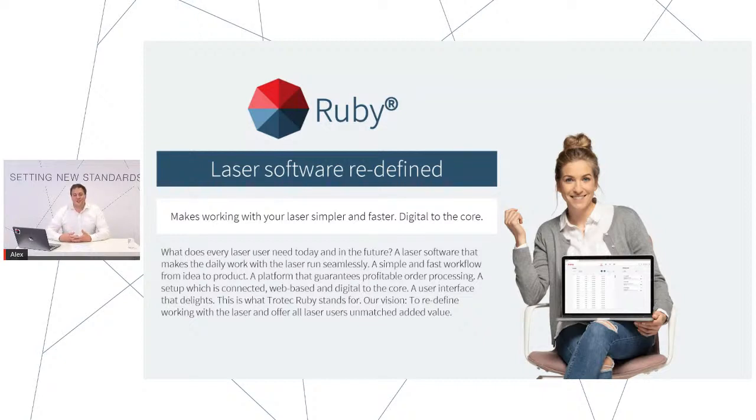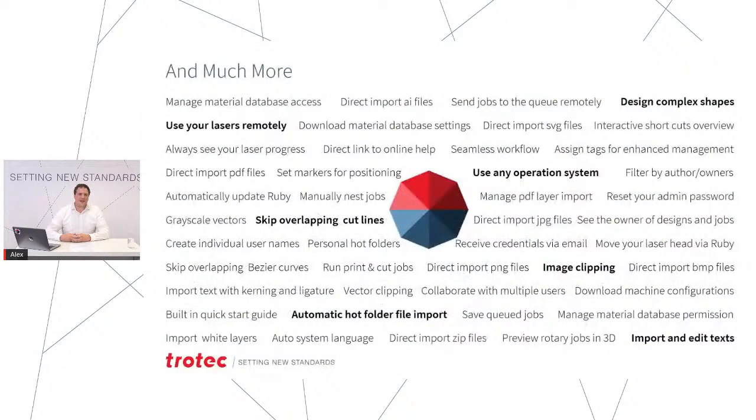And the good news is Ruby stands for all this now. And we will see a lot about Ruby and how Ruby works and what Ruby stands for today in this session. But Ruby is not just a laser software. Ruby is really a platform. And the overall goal is to connect laser users and to connect lasers in their daily work.